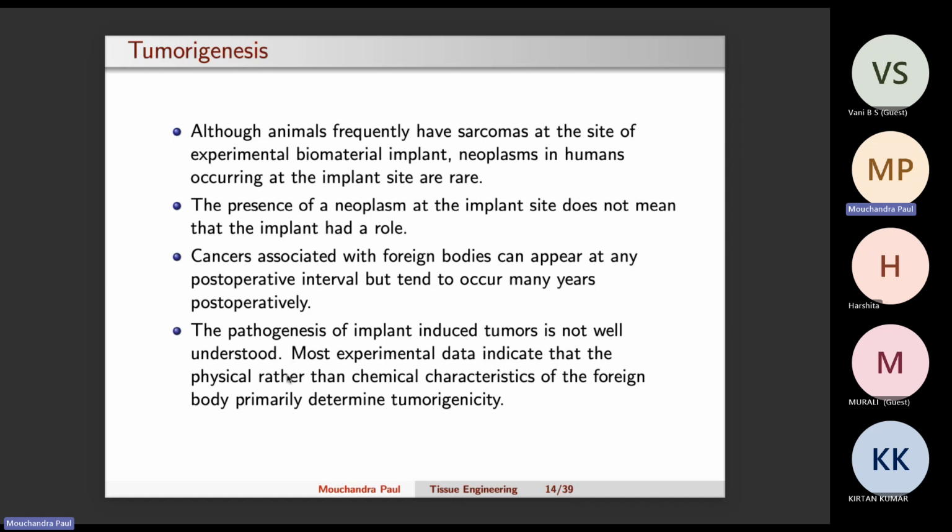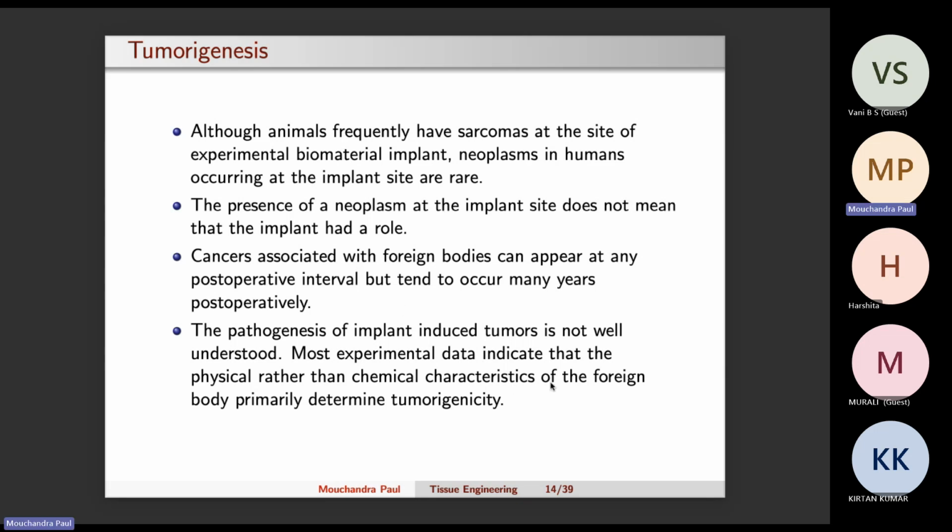Most experimental data indicate that rather than the physical characteristics, it is the chemical characteristics of the foreign implant which determine whether a new tumor will form or not. So first, if you see a tumor at the site of the implant, you have to prove by using Koch's postulate that the implant has caused the formation of the tumor.